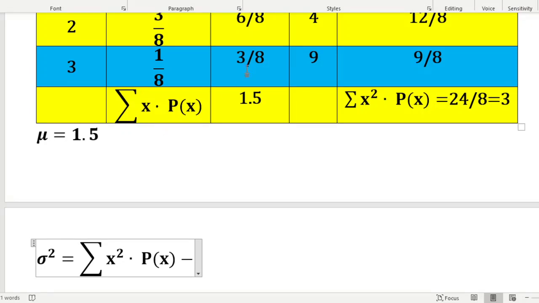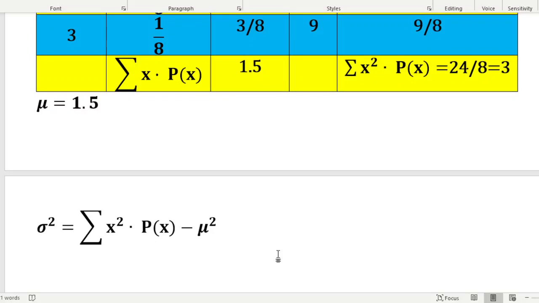We have the mean denoted by mu, the square of mu or the square of the mean.